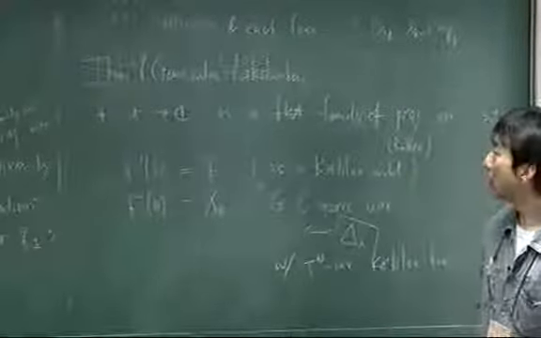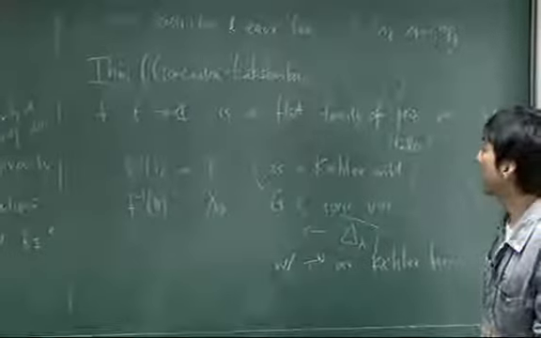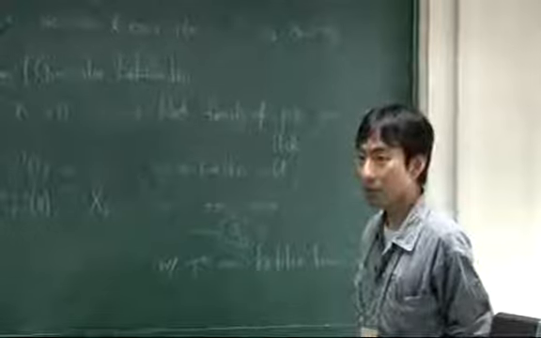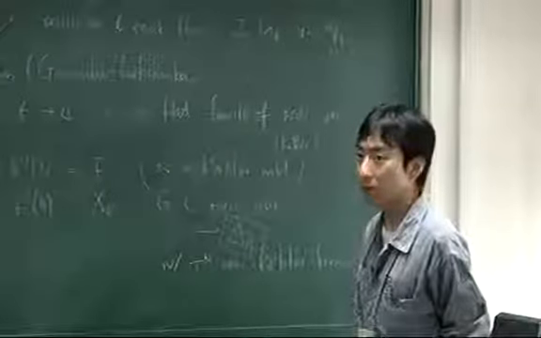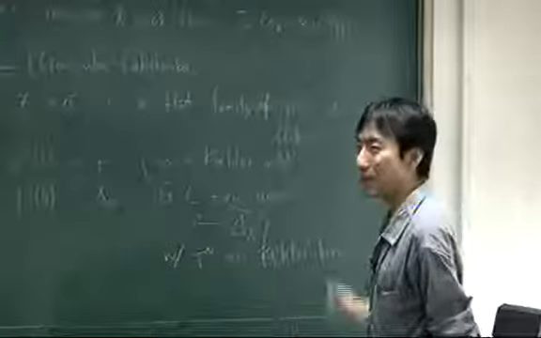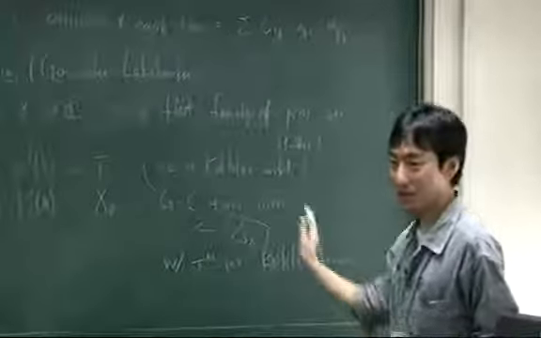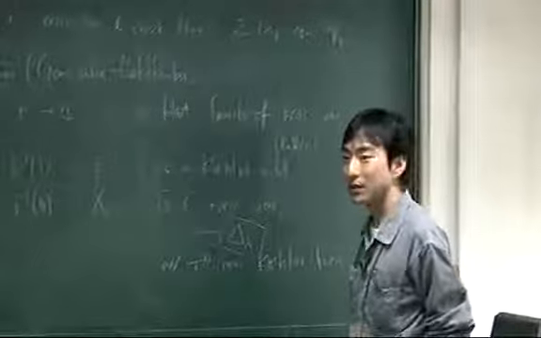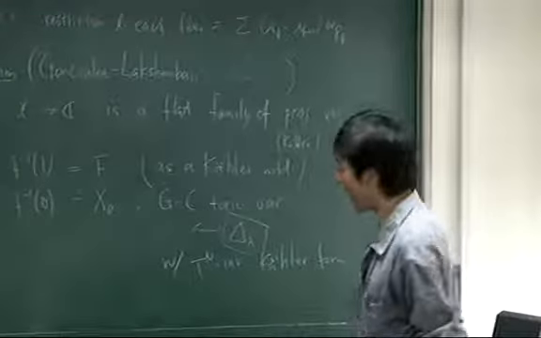Does this flat family have some universality? This is just one flat family. Maybe there are many other constructions of other families. I'm not sure.